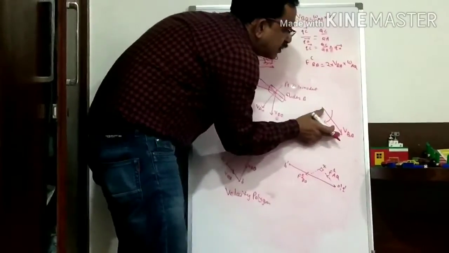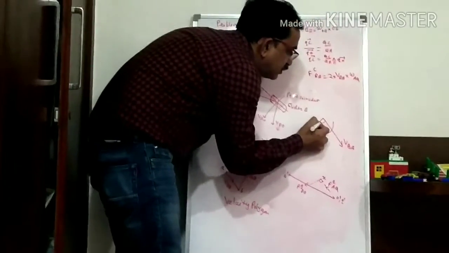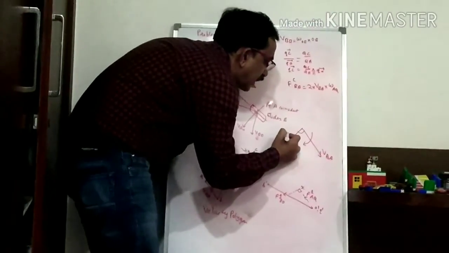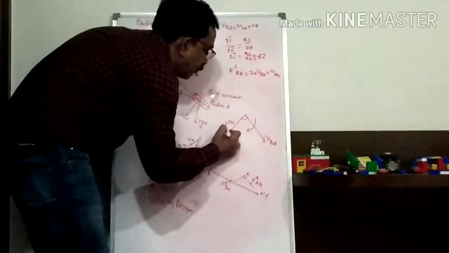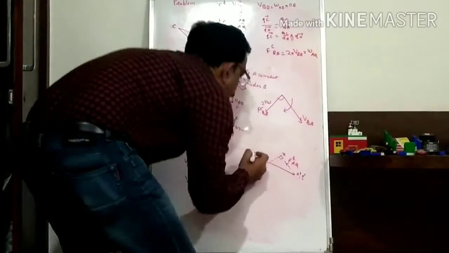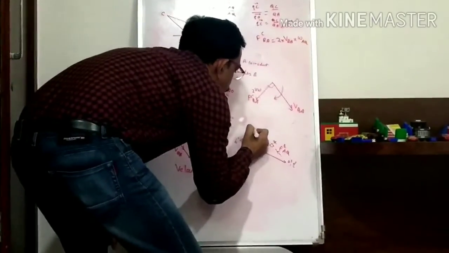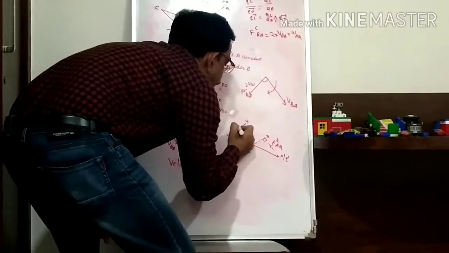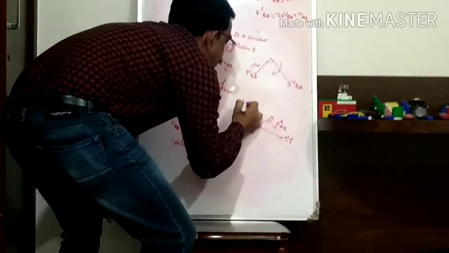So we have to rotate this velocity vector V through 90 degrees in the clockwise sense. So this is the direction of the Coriolis component of acceleration of B with respect to A. So draw the vector from point B dash, Y B dash, which represents the Coriolis component of acceleration of B with respect to A.